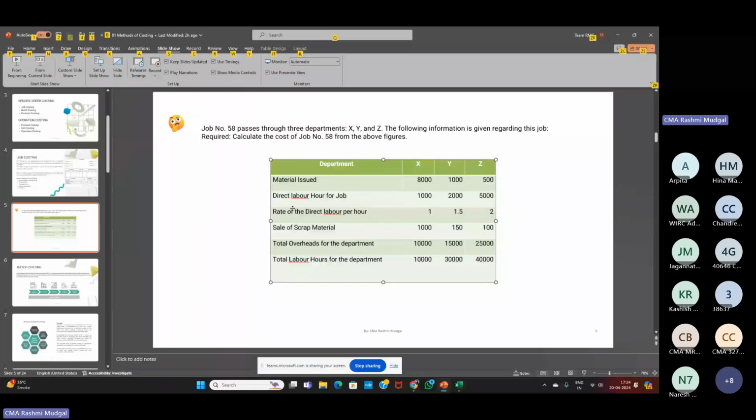Direct labor is available for every department and labor hour rate per hour is available.